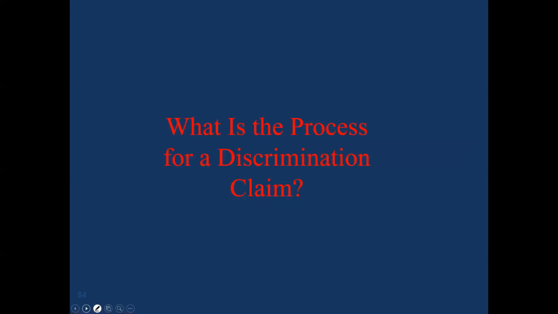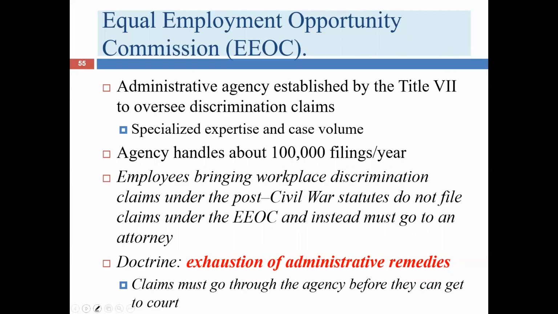So let's talk about the process for a discrimination claim. We've talked about this a little bit, but let's do a bit deeper dive. So an employee feels that he or she has been the victim of discrimination. The first thing that he or she should do is file a charge of discrimination with the EEOC or the state agency, the FEP.